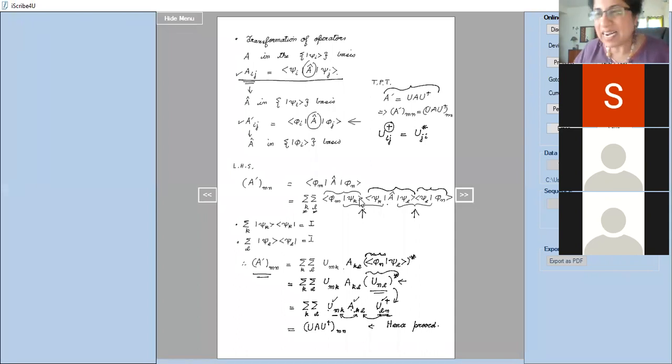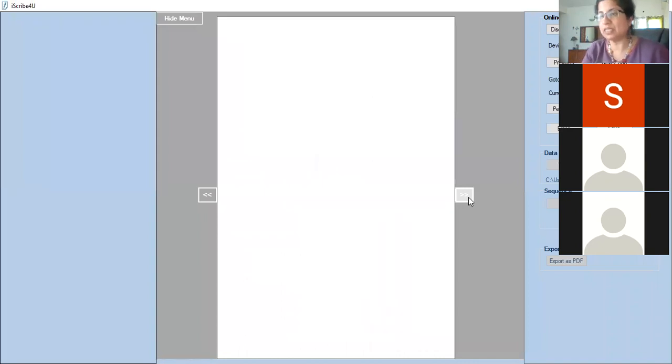Okay, and please remember now, what did we tell once upon a time? That if you have a Hermitian matrix, then it can be diagonalized using a unitary transformation, right? Long back we had talked about this, that a Hermitian matrix can be diagonalized using a unitary transformation. This was a fundamental theorem of matrix mechanics. So let me write it down again.